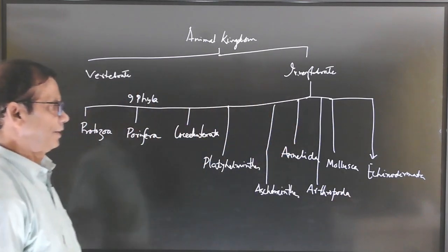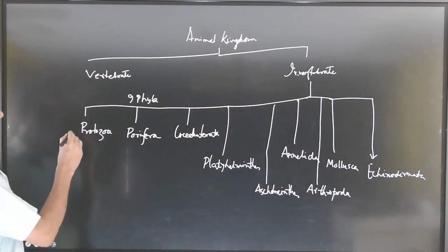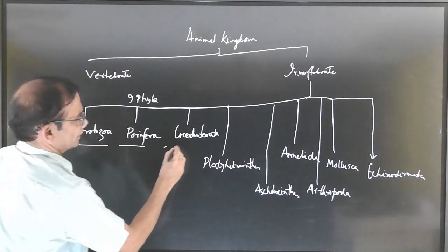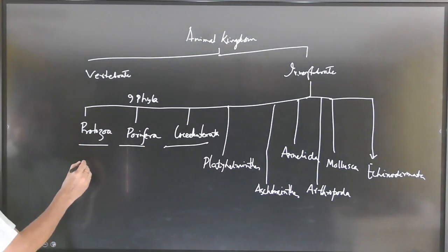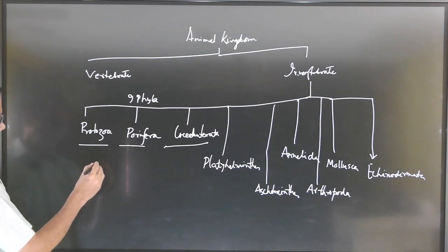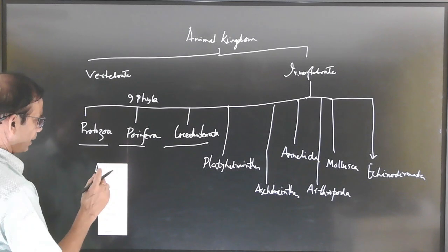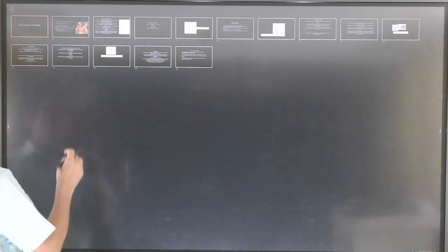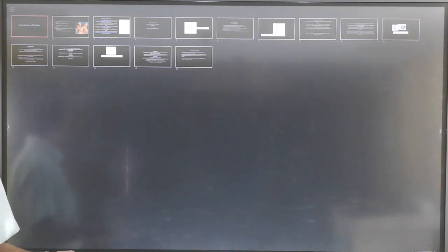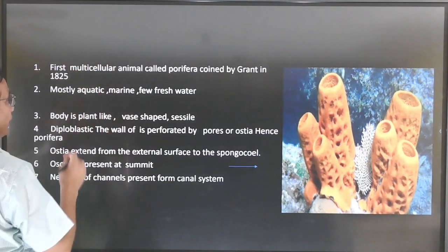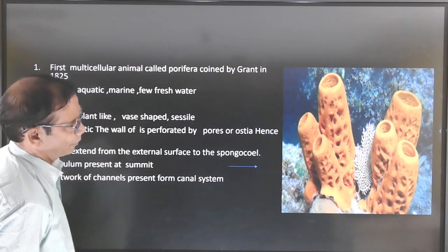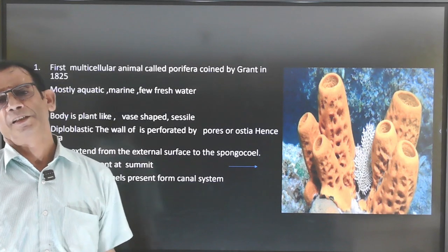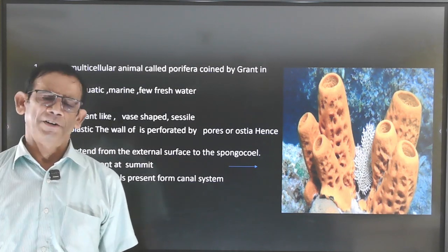So of these 9 phyla, Protozoa, Porifera, Coelenterata, all of these live in water, that is, they are aquatic in nature, and most of them are present in marine or fresh water.